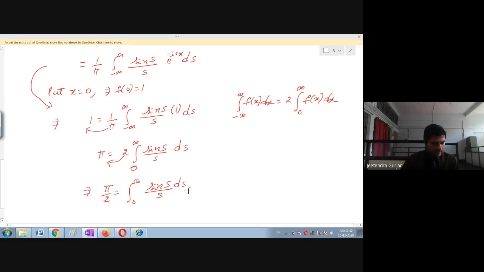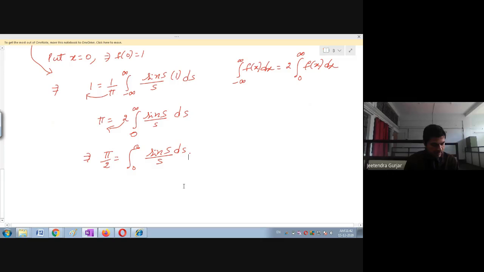Now you can see here students, it is in terms of s, no problem. s can be taken as some variable, so I can also choose x. Therefore integration 0 to infinity sine x upon x dx.